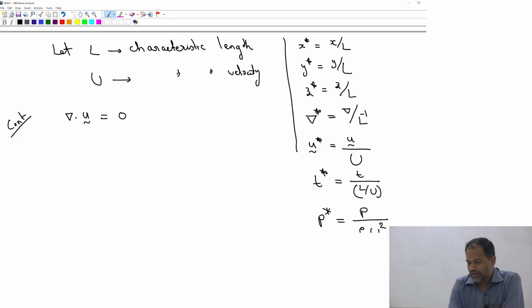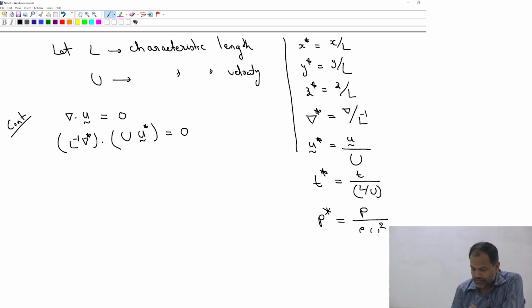So if I use my non-dimensionalization, that tells me that L inverse grad star dotted with my velocity u times u star is equal to 0.